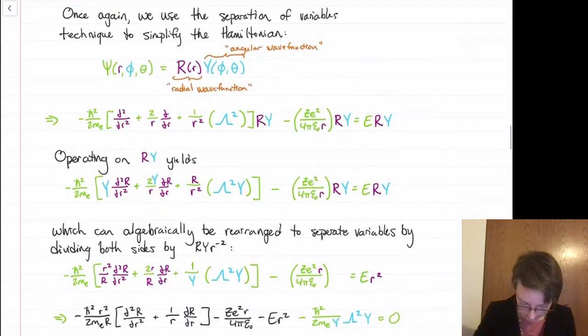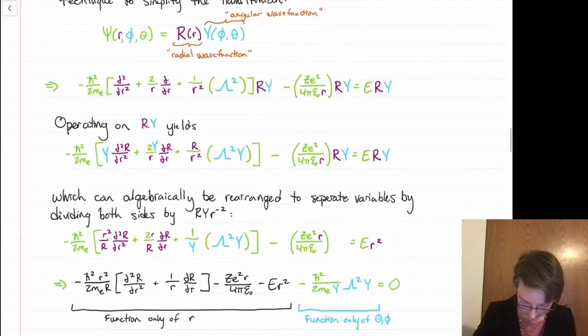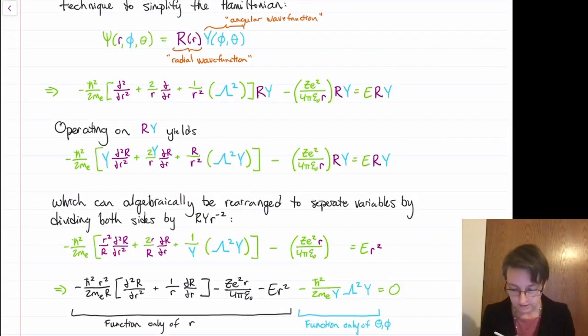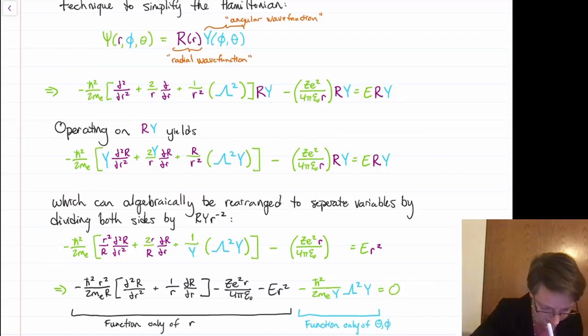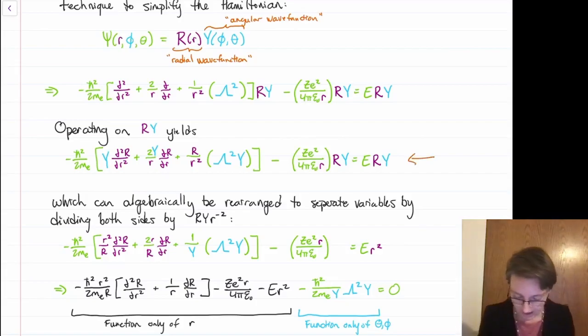The best way to do this, as it so happens, is to divide both sides of the equation by capital R times capital Y, and then multiply by R to the minus 2, so I'm going to divide everything by R, divide everything by Y, and then multiply by R squared.